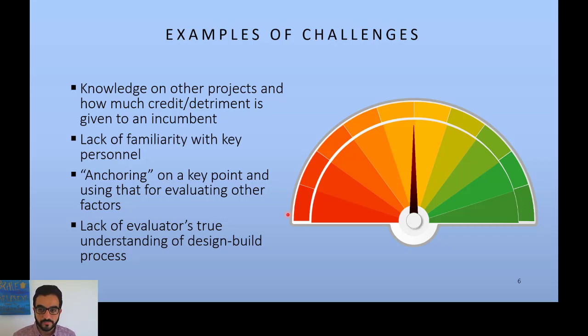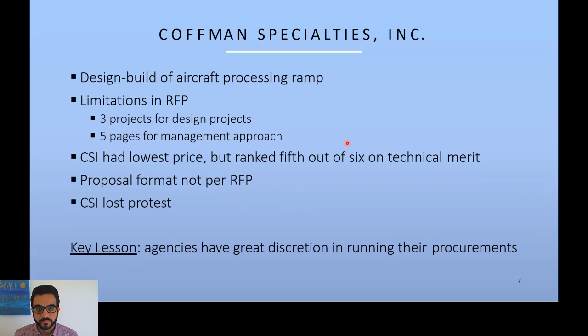So you're not familiar with what type of experience is needed for this project and why the personnel provided by the design builder is a significant one. And then anchoring, where you just defend your evaluation to protect your own opinion.